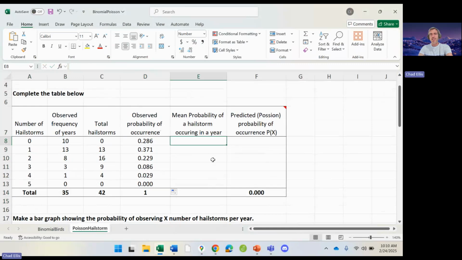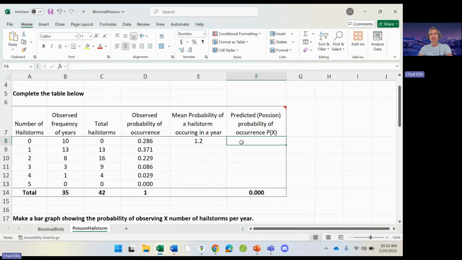Now for the Poisson distribution, I need a couple things. I also need my mean number of hailstorms occurring per year. To do that, all I have to do is simply take the total number of hailstorms, which is 42, divided by the observed frequency of years. So that gives me a mean of 1.2 hailstorms per year.